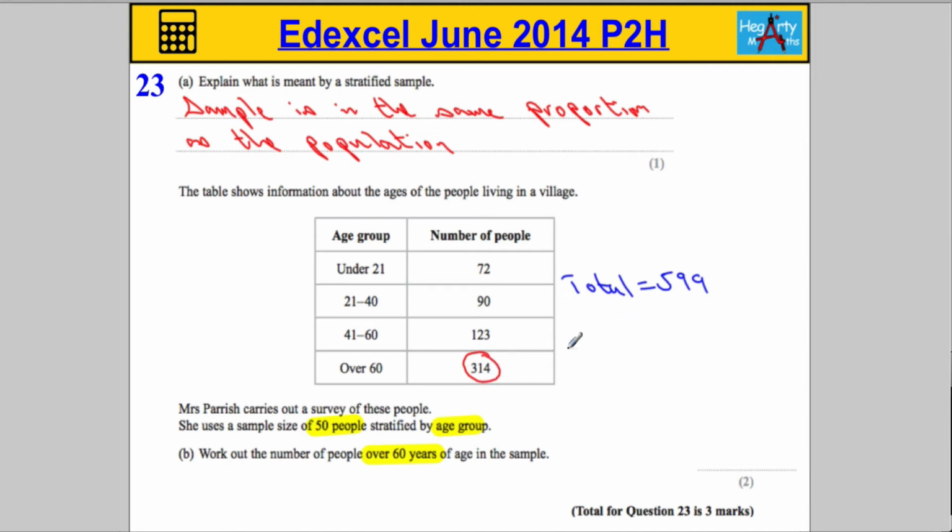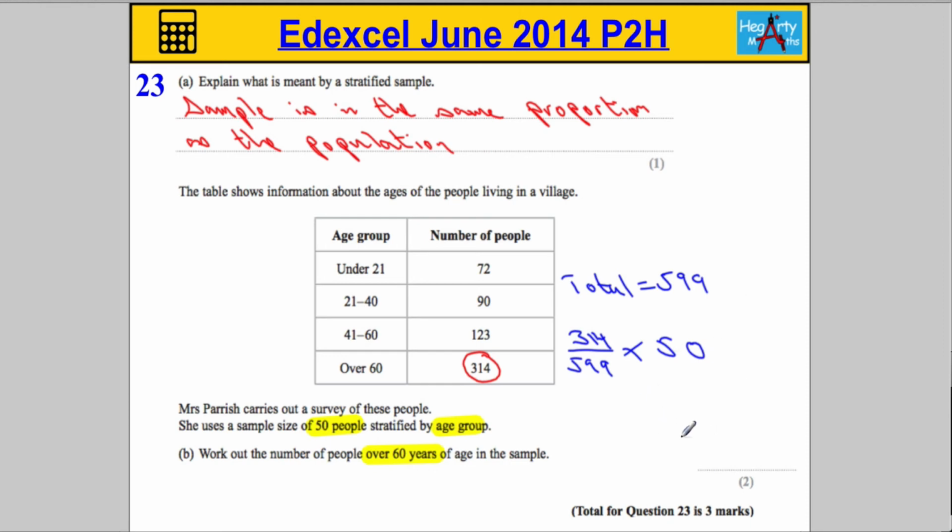So the proportion of people I need out of the 50 people is I'm going to need 314 out of the total, and I'm going to multiply that by the sample size of 50. That's the proportion of people in the population over 60. That's the sample size. You do the proportion times the sample size.